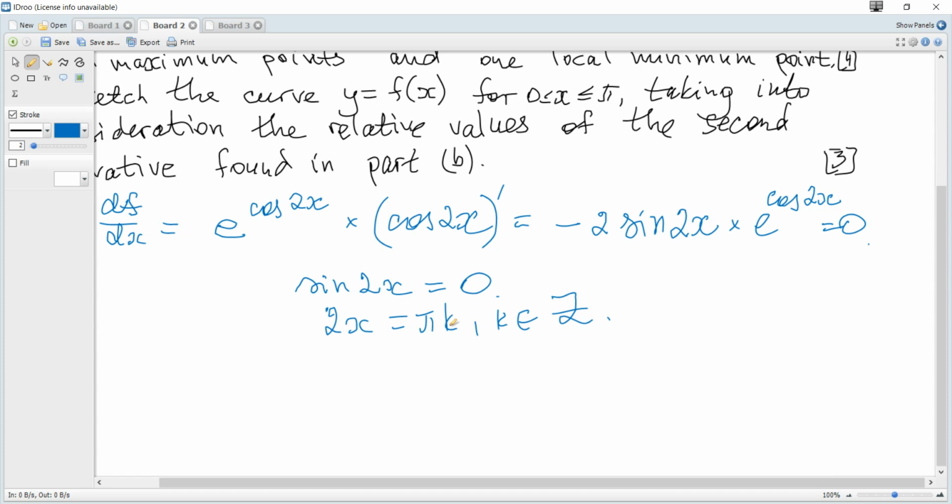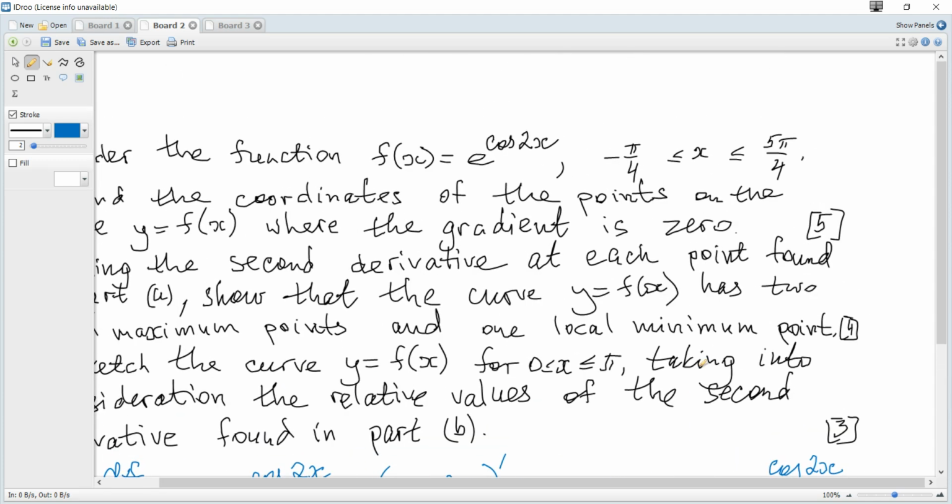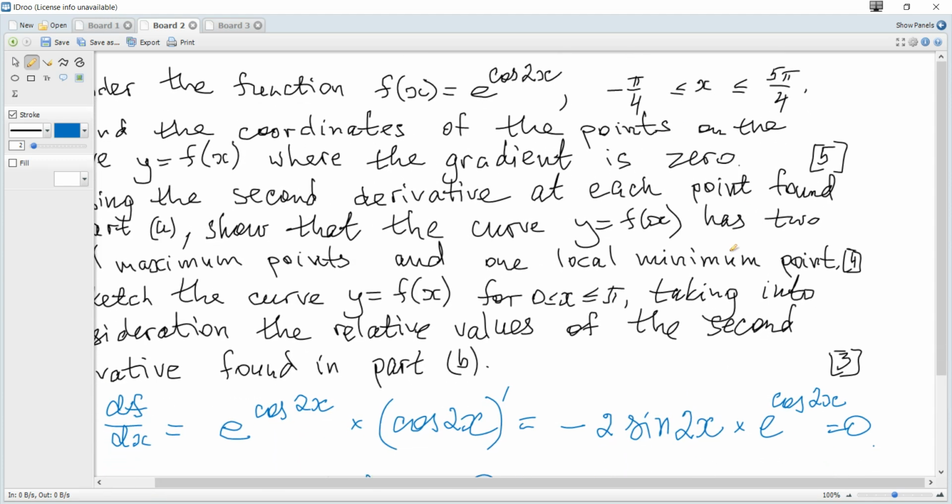You can see when k is 0, it's 0, when k is 1, it's pi, when k is 2, it's 2 pi, and hence you move between two consecutive roots by adding pi, as required. So 2x is pi k, and hence x is pi over 2 k.